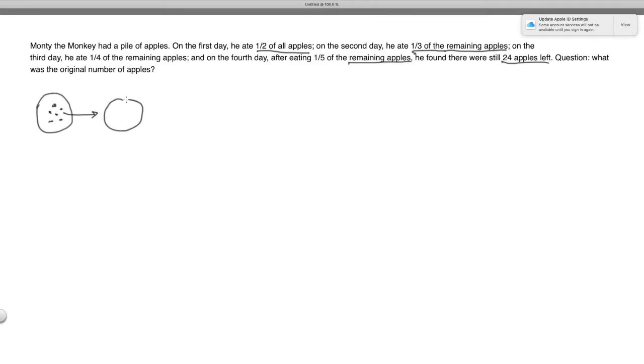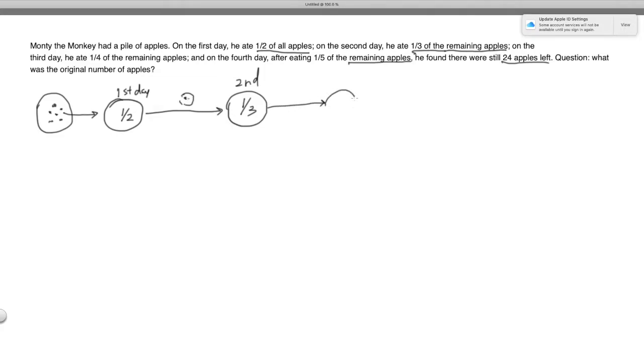On the first day, he ate 1/2. And then there will be a new number remaining. It'll be definitely smaller than the first one. And then on the second day, he ate 1/3 of this remaining number.